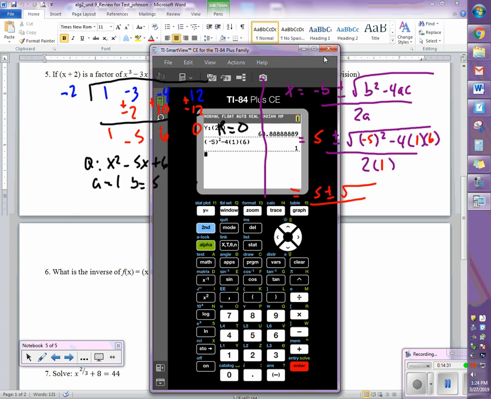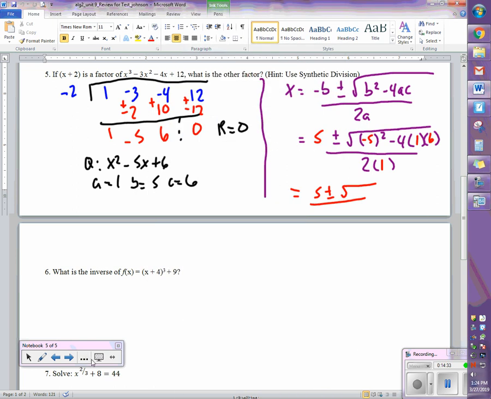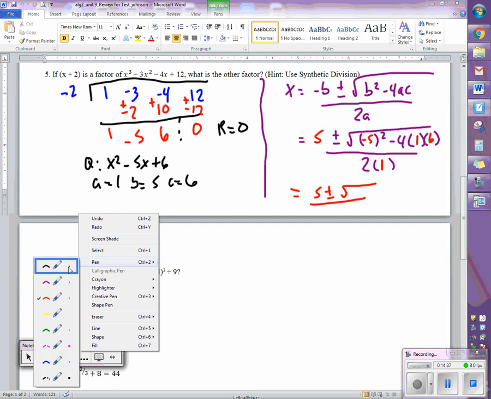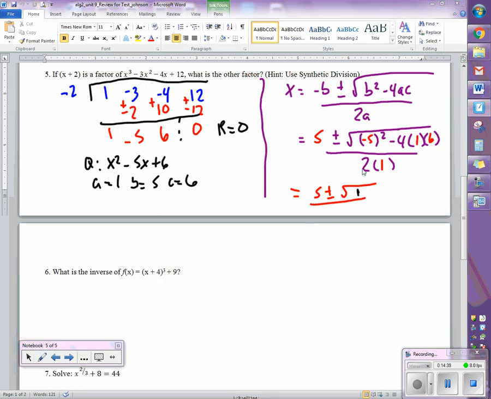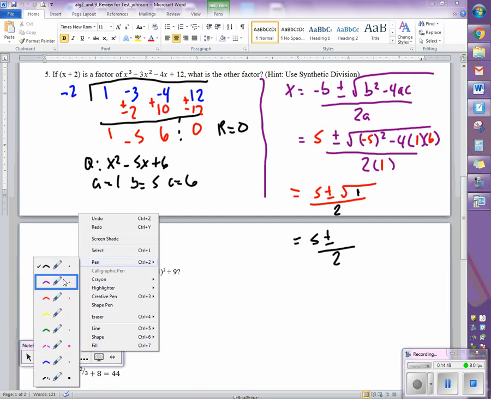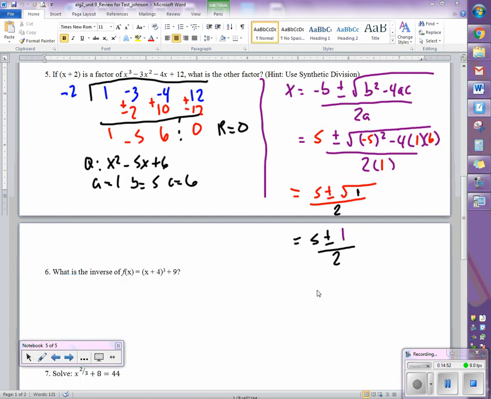And you get 1. 2 times 1 is 2. 5 plus or minus the square root of 1 is 1. And then you separate. So 5 plus 1 over 2 and 5 minus 1 over 2.